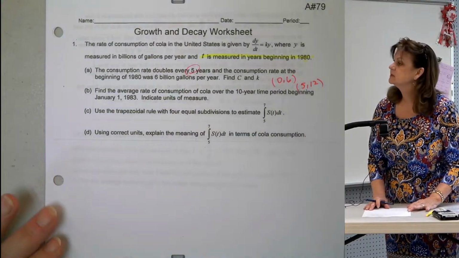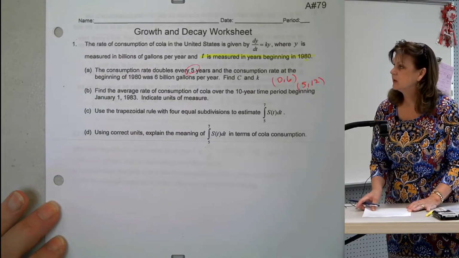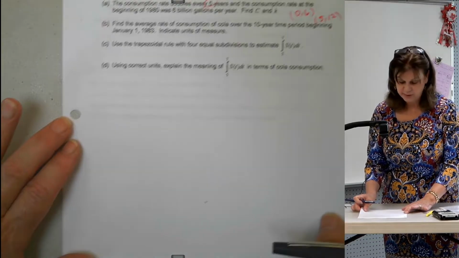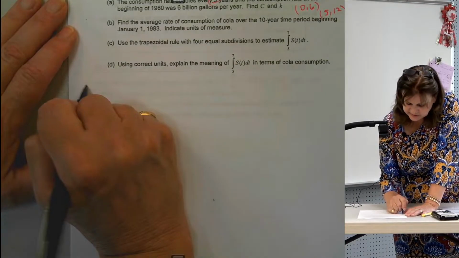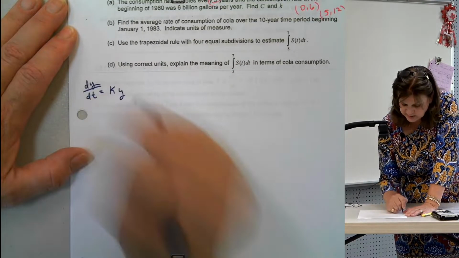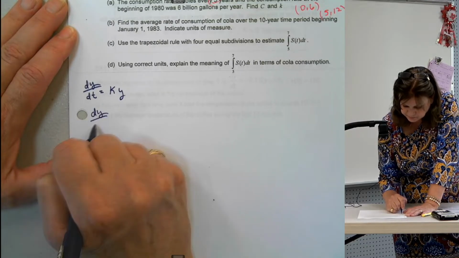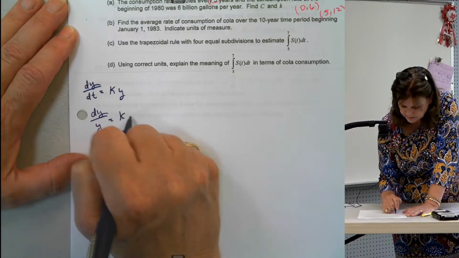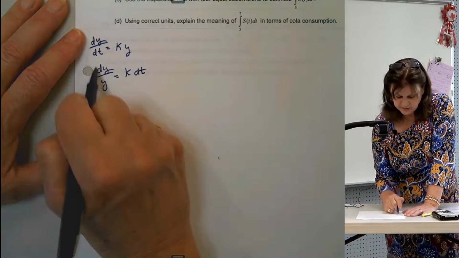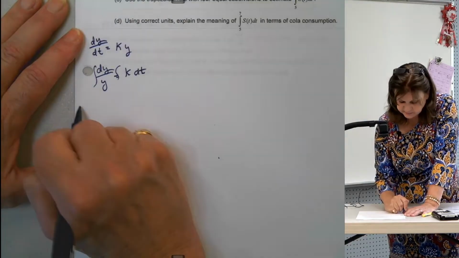Okay, find the variable c and the variable k. So again, we're going to do what we've done. We know that this time they actually gave us the differential equation. dy dt is k times y. Separate. Integrate 1 over the stuff.